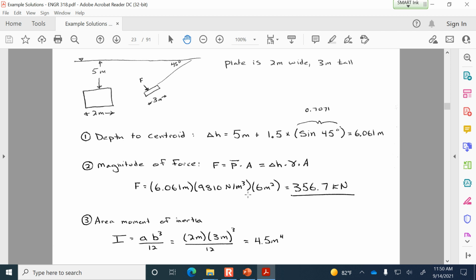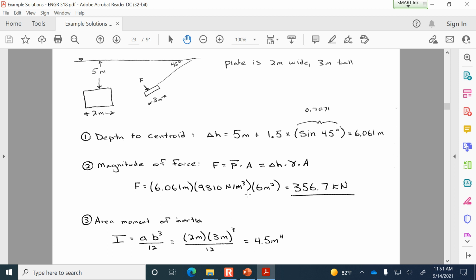So delta H is not 5 meters. 5 meters is from the top edge of that plate. I want to know delta H to the center of the plate's area, so it's going to be 5 meters plus this distance.